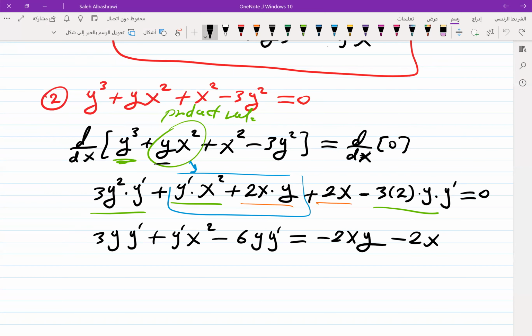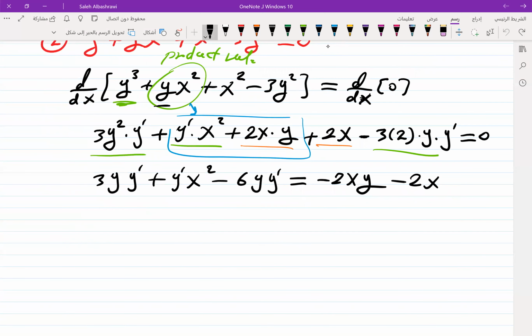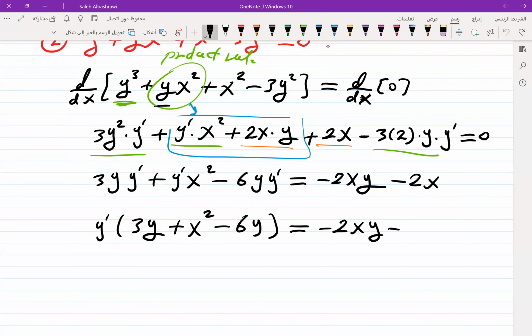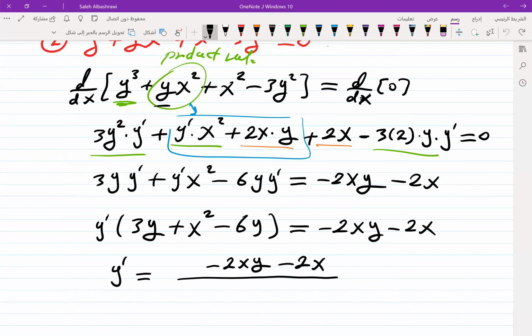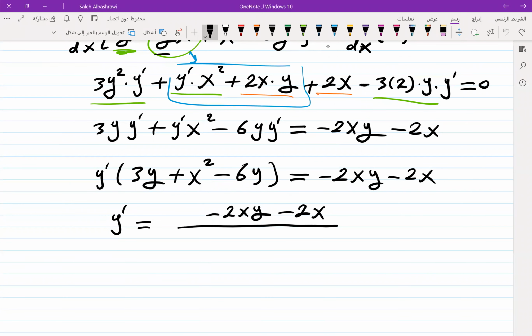Now in the left hand side I will take y prime as a common factor. I will have 3y squared plus x square minus 6y equal to minus 2xy minus 2x. So y prime will be minus 2xy minus 2x divided by the coefficient of y prime, which is 3y squared plus x square minus 6y.